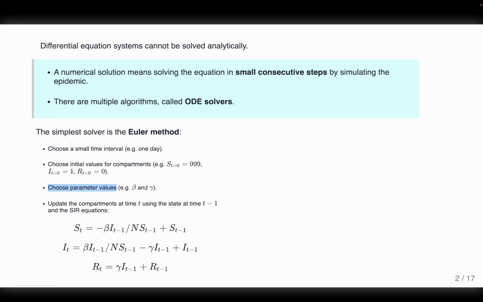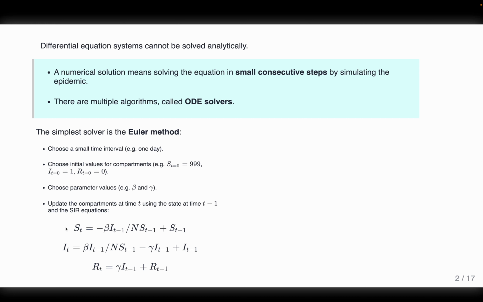Then the algorithm is pretty simple. We start from the condition of the model at a certain time point, so S at time t-1, I at time t-1, R at time t-1, and then we add the change in the number of individuals in each compartment, using the usual SIR formula.